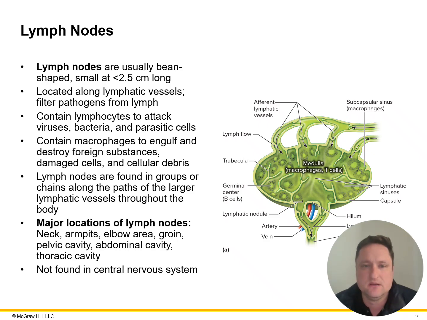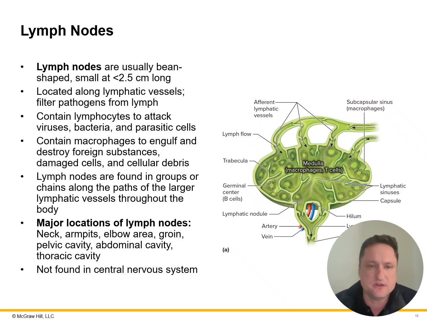Structurally, multiple afferent vessels bring lymph in. It slows as it traverses sinuses, allowing time for phagocytosis and antigen presentation. Then lymph exits via fewer efferent vessels, creating basically a useful bottleneck.